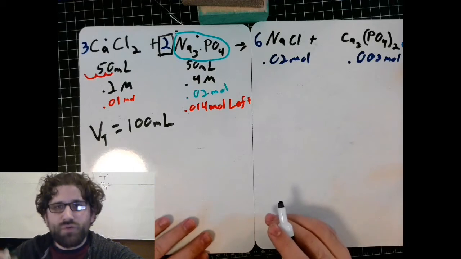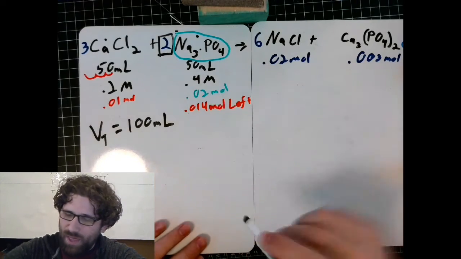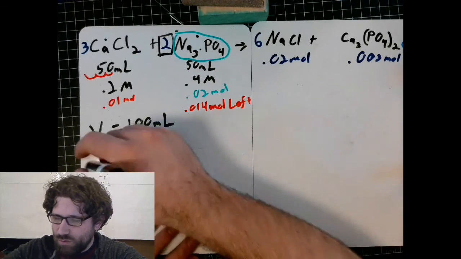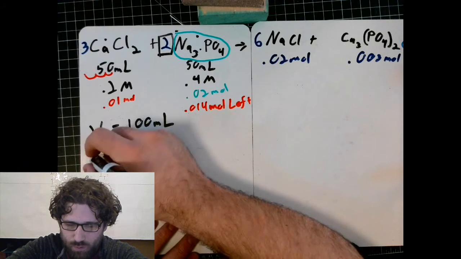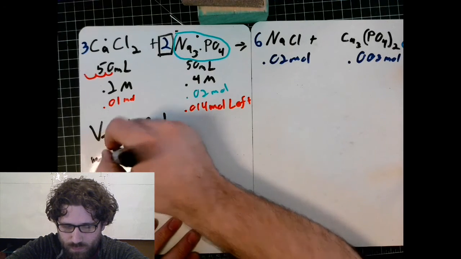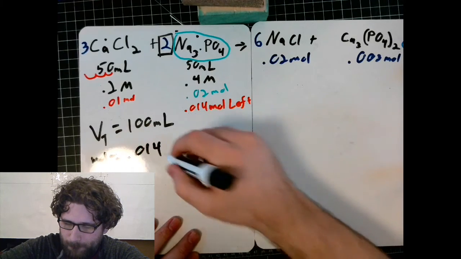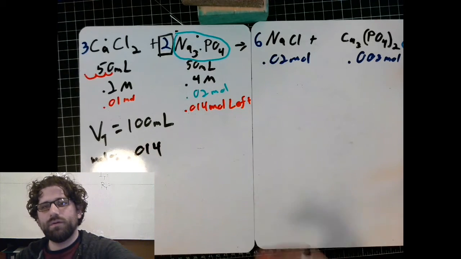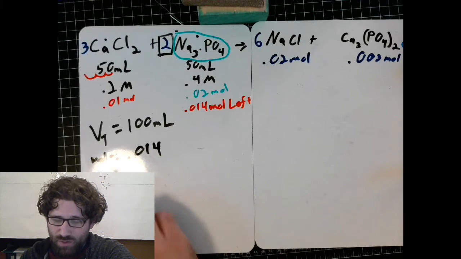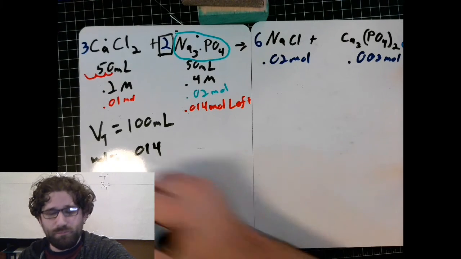So I've got 100 milliliters, and how many moles do I have? I've got 0.014 moles. In order to find my concentration, I'm going to take my moles divided by my volume.